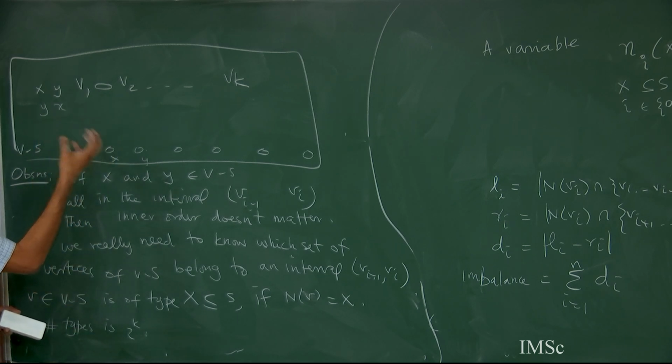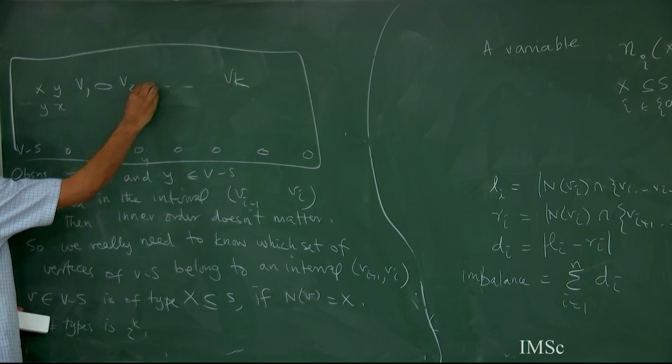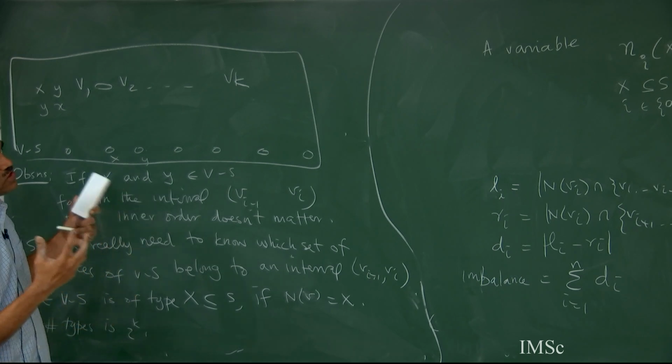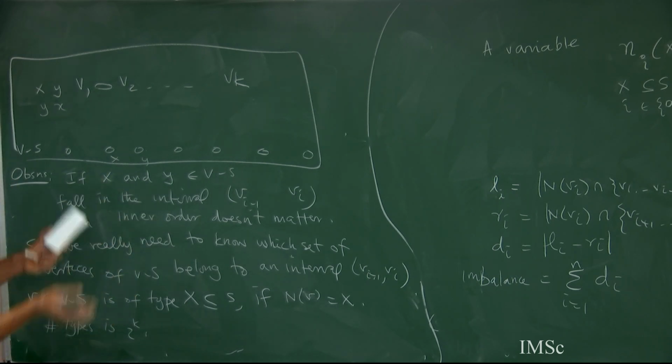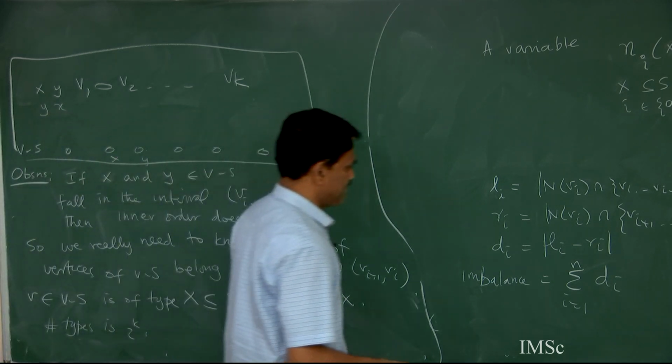How many vertices of a particular type go into this interval, how many of the same type go here, here, and so on. So n_i(x) is the number of vertices of type x that go into the interval V_i plus 1. Let us define that variable. Now, what do I want to minimize and what are the constraints? We need to write it down and be done.